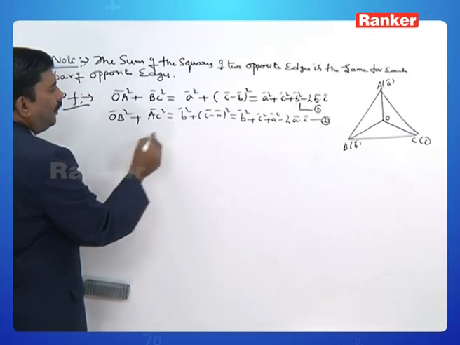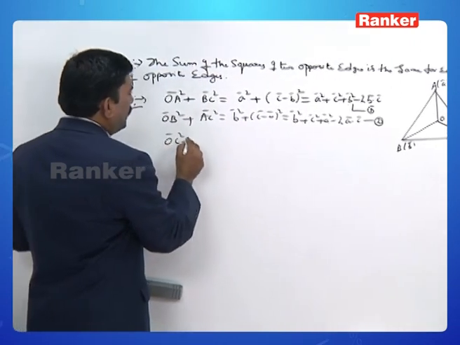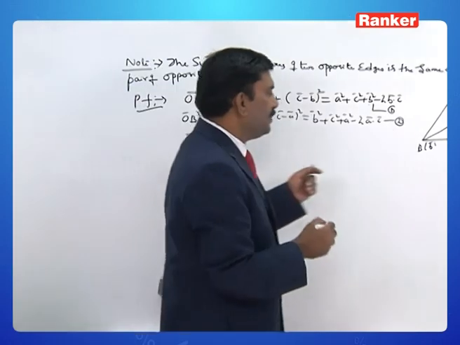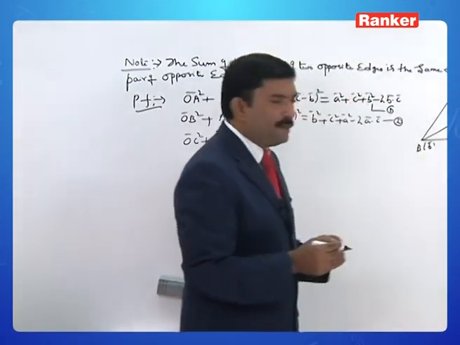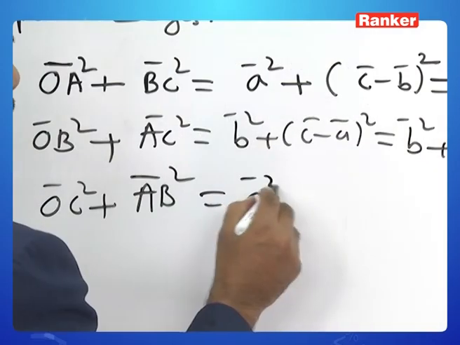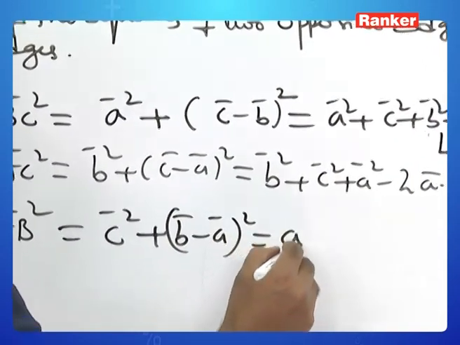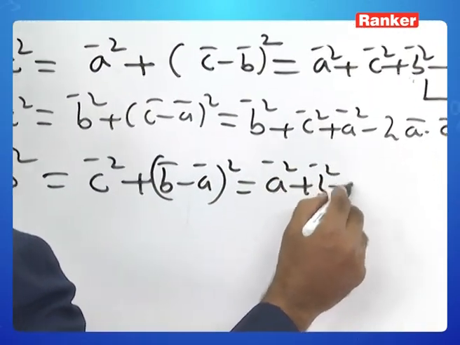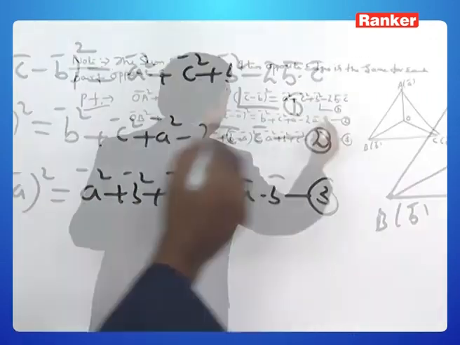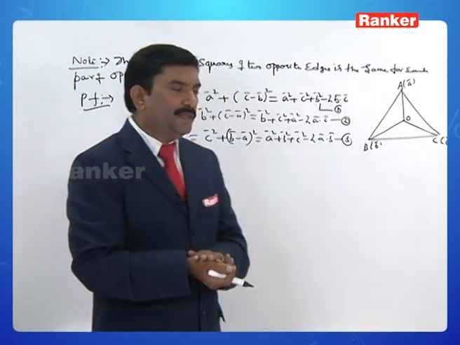Next, OC bar square plus AB bar square. The opposite edge of OC is AB. Now I can write C bar square plus B bar minus A bar whole square, which is A bar square plus B bar square plus C bar square minus 2 A dot B. Just now we had a discussion about the tetrahedron.